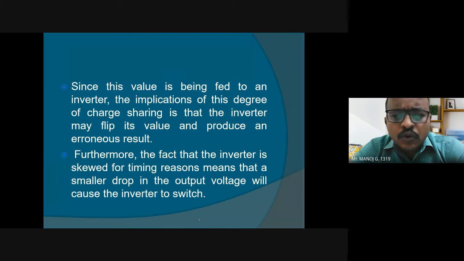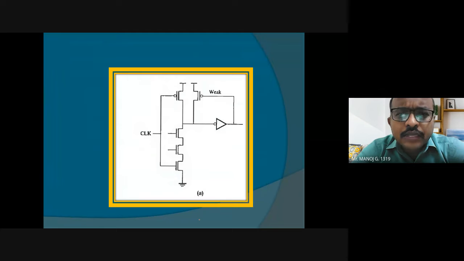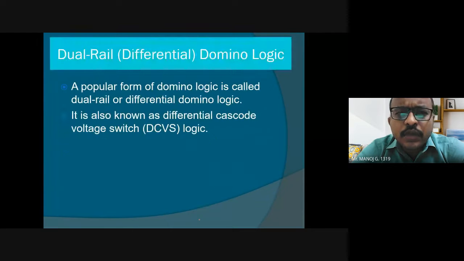Now, how do you overcome it? We overcome this charge sharing phenomenon by making another circuit called dual rail domino logic.